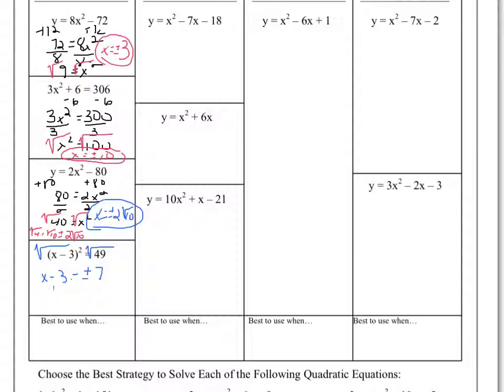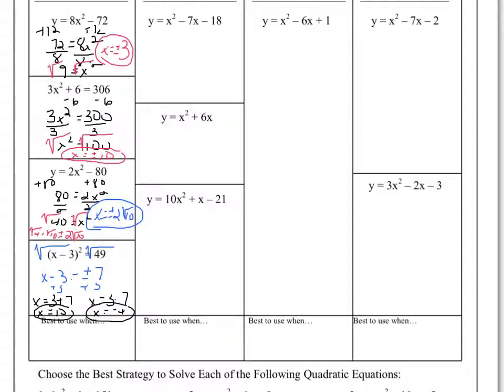And then add 3 to both sides to solve for x. And so here I'm going to get x is equal to 3 plus 7, and the other one, x is equal to 3 minus 7. Okay, so my answer for the first one is going to be x is 10, or over here, x is negative 4.